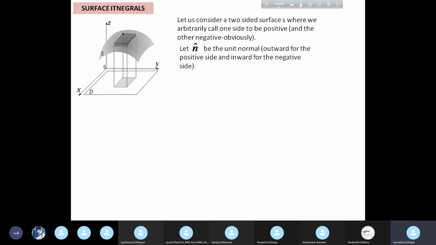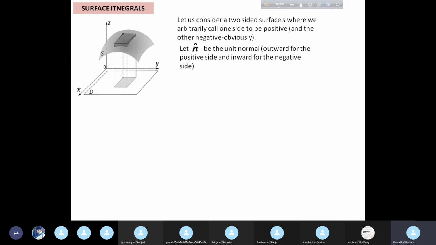Now let us suppose that n cap is the unit normal, which we will call the outward normal for the positive side and the inward normal for the negative side. As you can see, this surface S has two sides, the top side and the bottom side. Arbitrarily, we will call the top side the positive side and the bottom side the negative side.